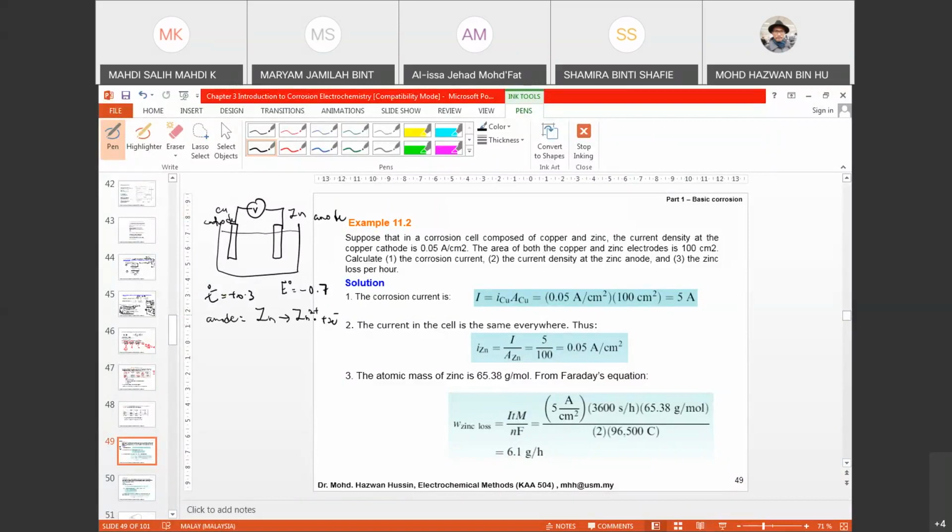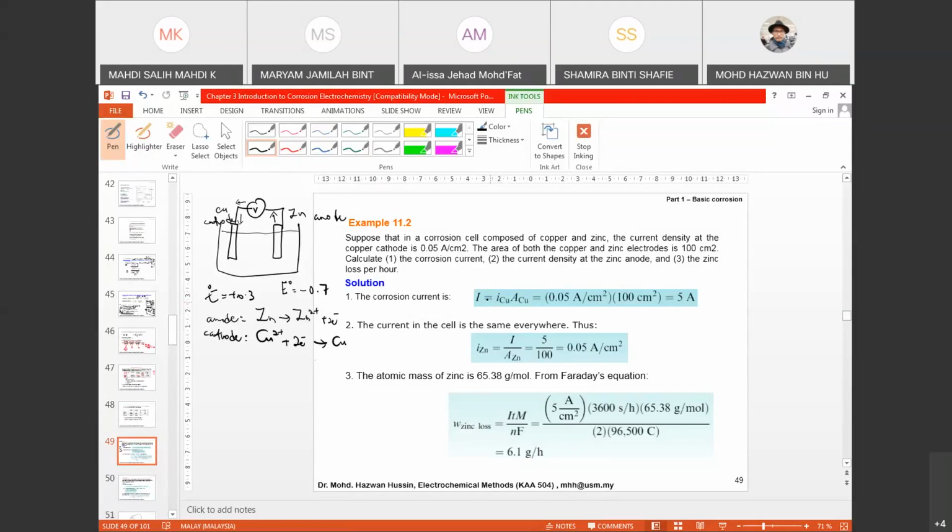The electrons produced, the current, will flow from anode to cathode. Then at the cathode, it will be the reduction process. Cu2+ plus 2 electrons, the ones received from the anode, will form copper. Okay, so this is the basic thing.